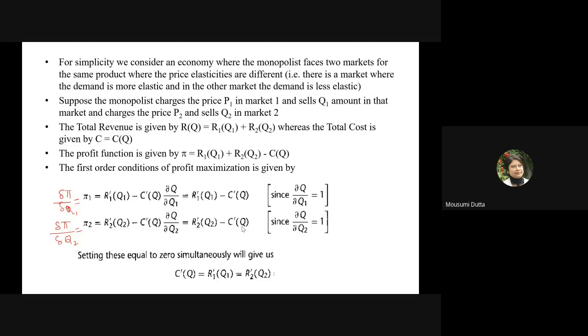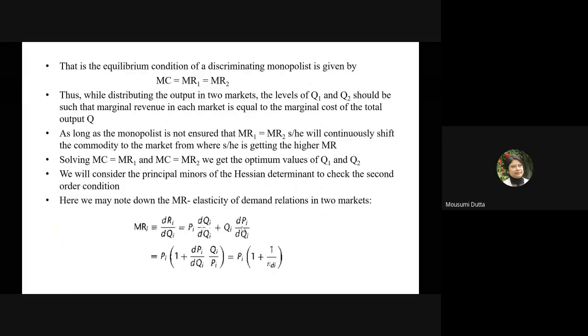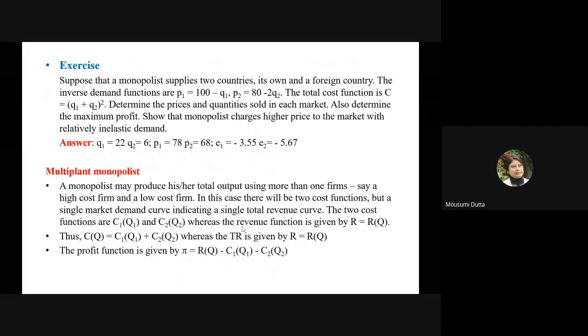Got it? Simultaneously solving the two equations, find Q1 star and Q2 star. Ma'am, Q1 star is 22, Q2 star is 6. Yes, 22 and 6. Okay, find P1 star and P2 star then. 78 and 68. Okay, and you will be able to find pi star as well.